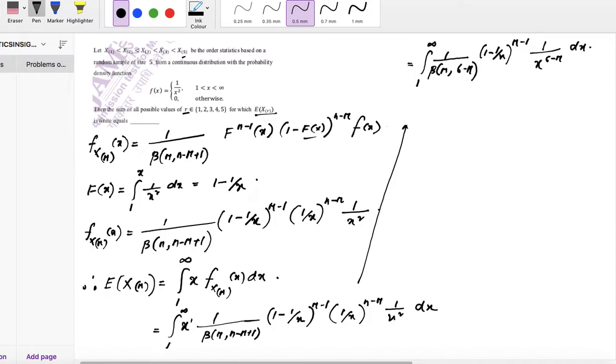Now the next process is we will compute the expectation of x1, compute it, expectation of x2, compute it, and find out if it is finite or infinite, x3, expectation of x4, expectation of x5.